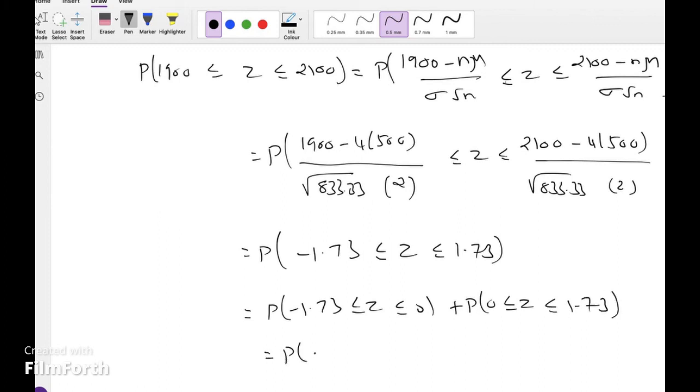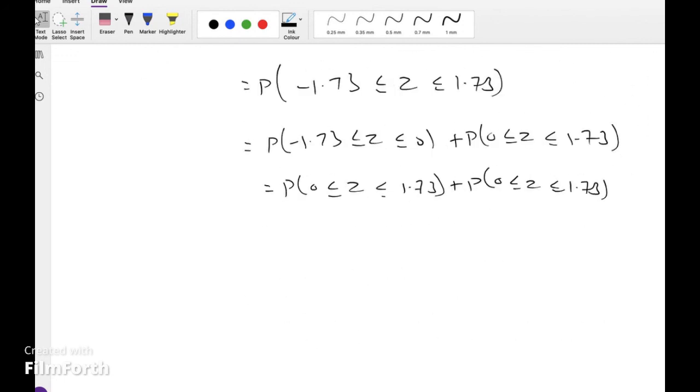Because of the symmetry of the normal distribution, we can write 2 into P of 0 less than or equal to Z less than or equal to 1.73.